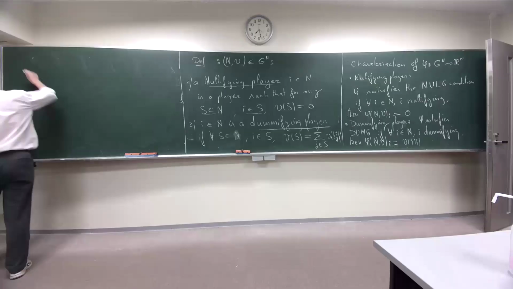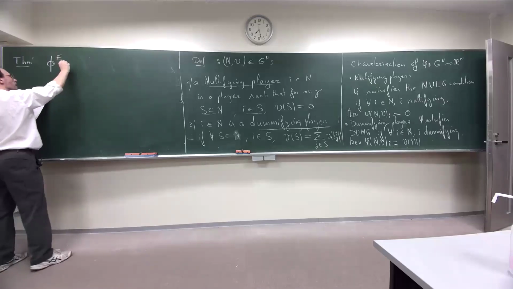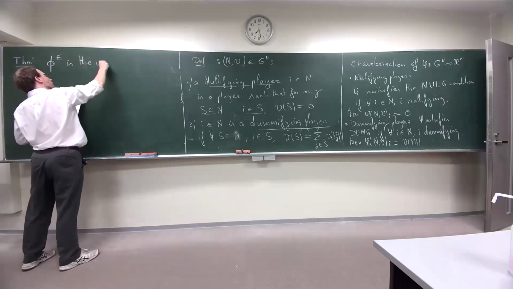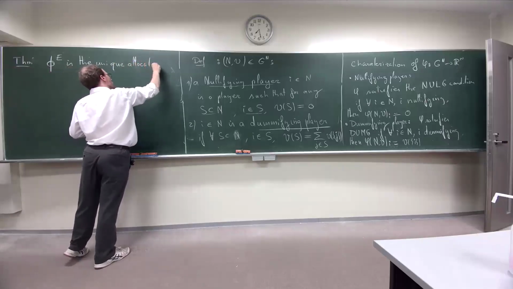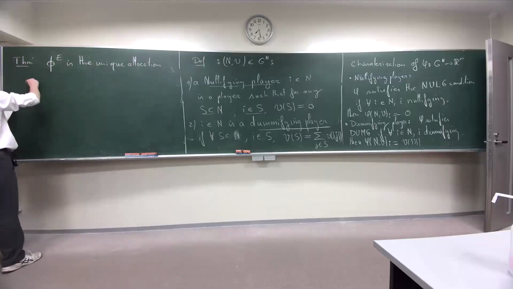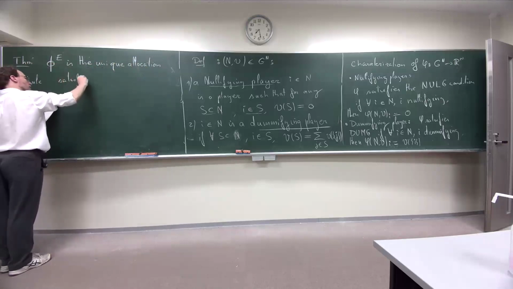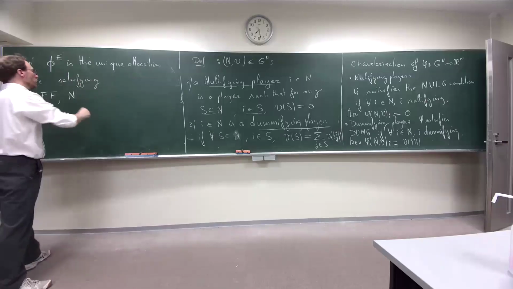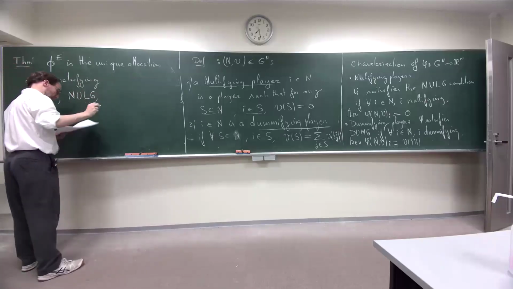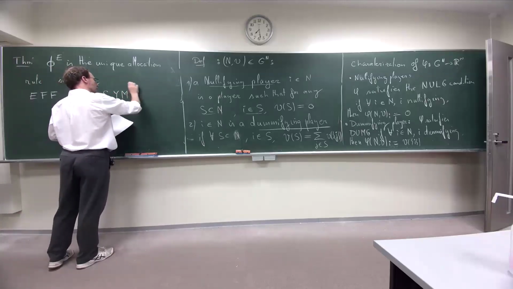So the theorem is that phi is the unique allocation rule satisfying: it is efficient, it is NULG, it is symmetric, and it is additive.